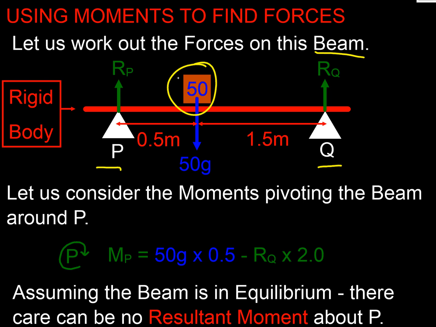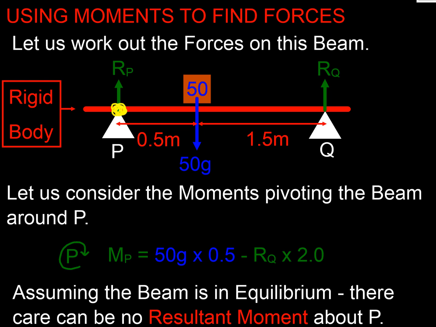Now at present, from the work we've done, all we know is that the reaction forces at P and Q must equal the weight force of the body we're supporting. What we'd like to do now is to find out what the individual reactions are, and we can do that by taking moments. So I'm going to start by taking moments about one end, and I'm going to start by taking my moment about P.